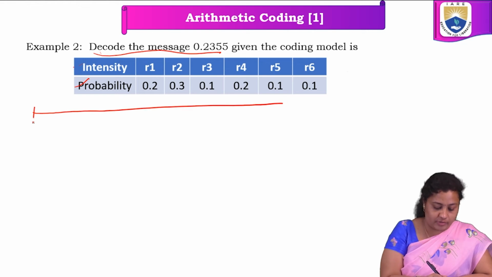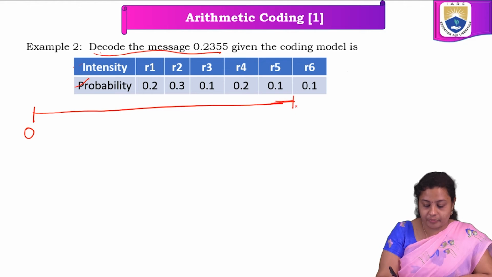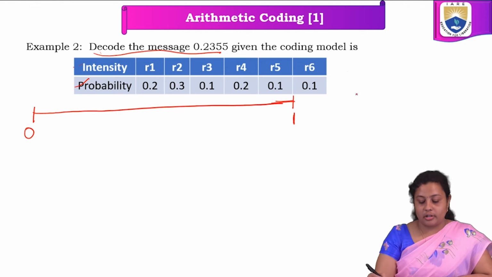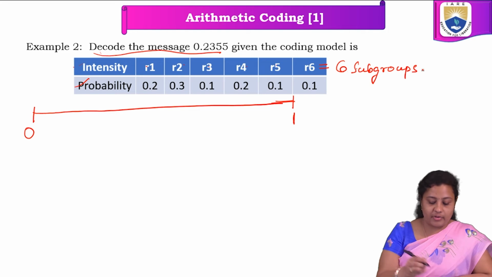We have the values as 0.0 to 1. How many subgroups do we have to decide? We have the number of symbols as 1, 2, 3, 4, 5, 6, so we require 6 subgroups, with 5 divisions.